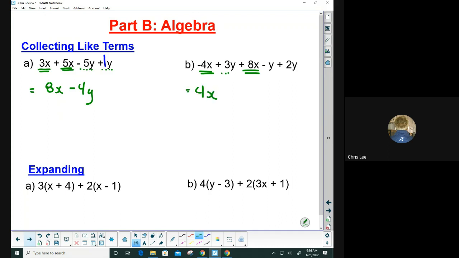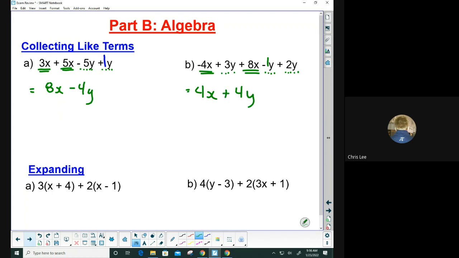Then negative 3y collects with negative 1, good. And the 2. So let's, I think it's 4 as well. Let's just say 3 minus 1, where am I? 2 plus 2? 4. So what do I write in between here if it's plus 4?